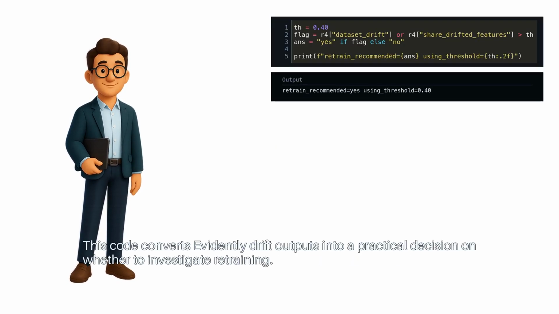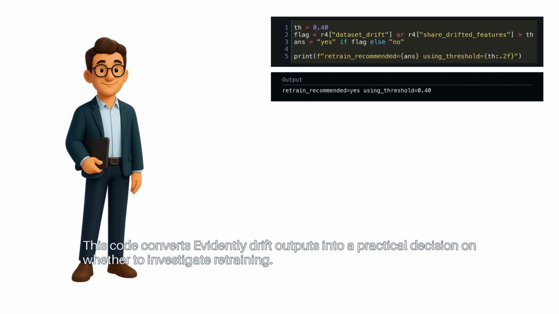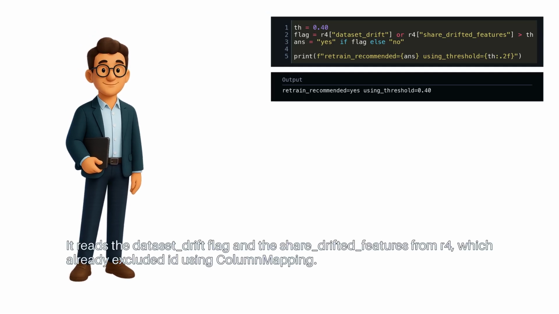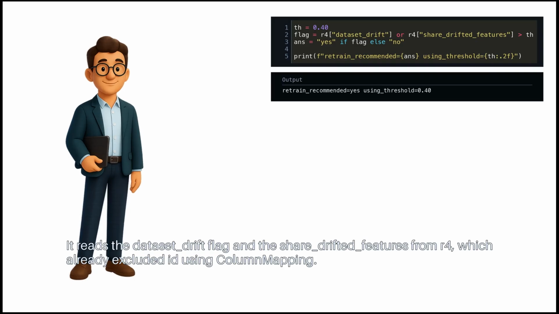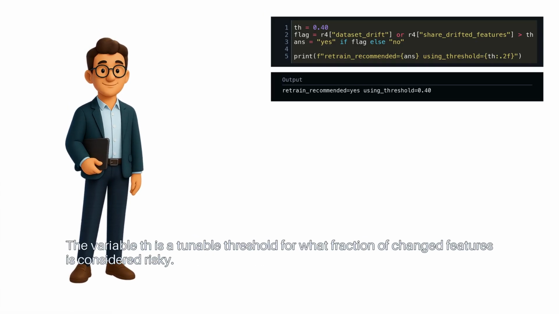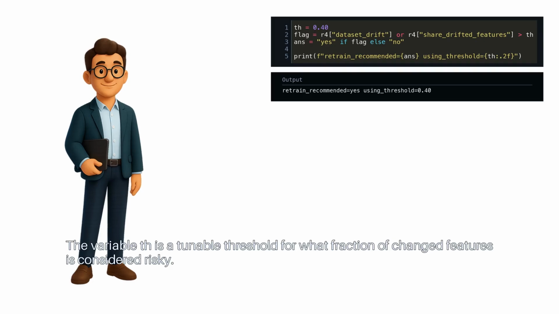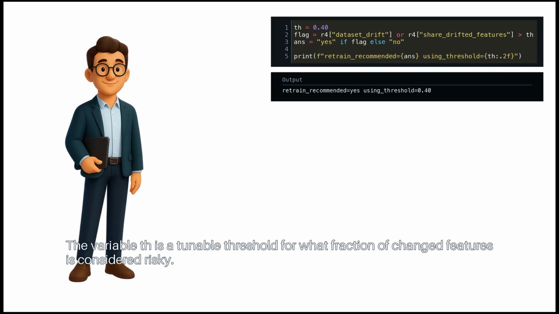This code converts Evidently drift outputs into a practical decision on whether to investigate retraining. It reads the dataset drift flag and the share of drifted features from r4, which already excluded ID using column mapping. The variable th is a tunable threshold for what fraction of changed features is considered risky.